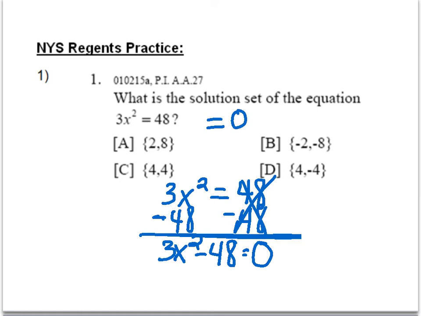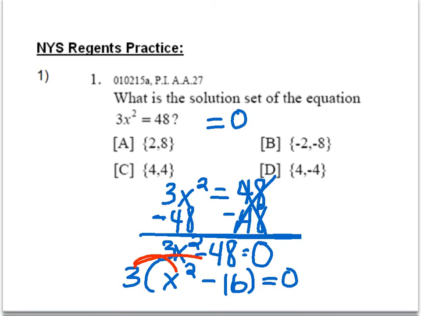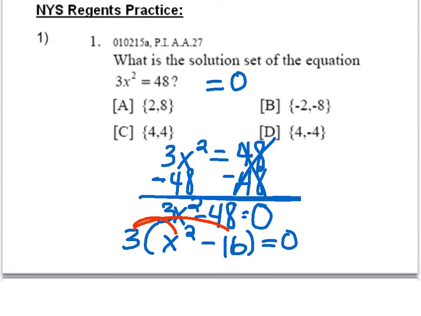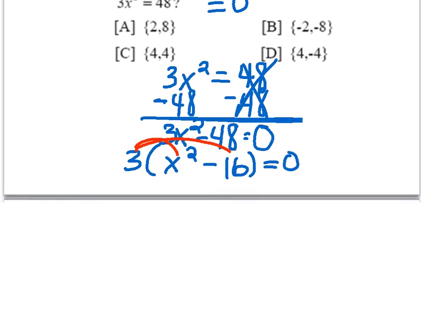And I think that it has a greatest common factor here. If I take out a 3, I am left with x squared minus 16, because 3 times x squared is 3x squared, and 3 times a minus 16 is minus 48. And now I can factor this, since I have the difference of perfect squares.